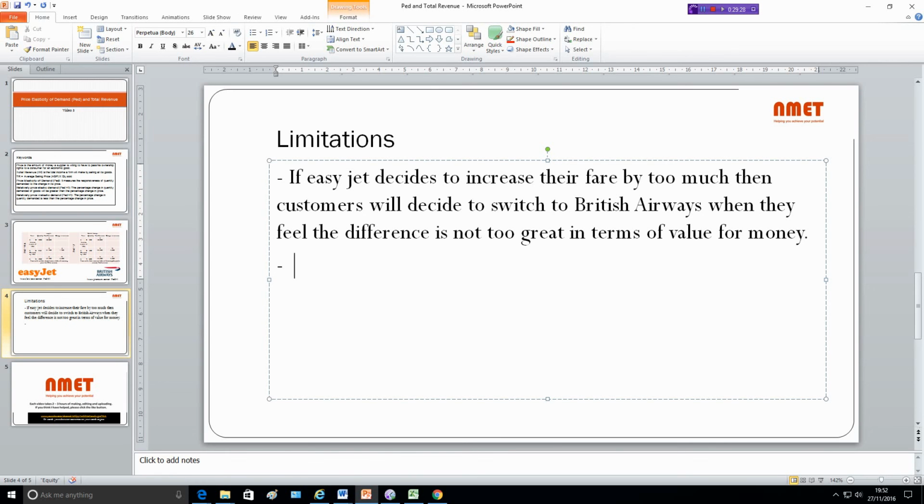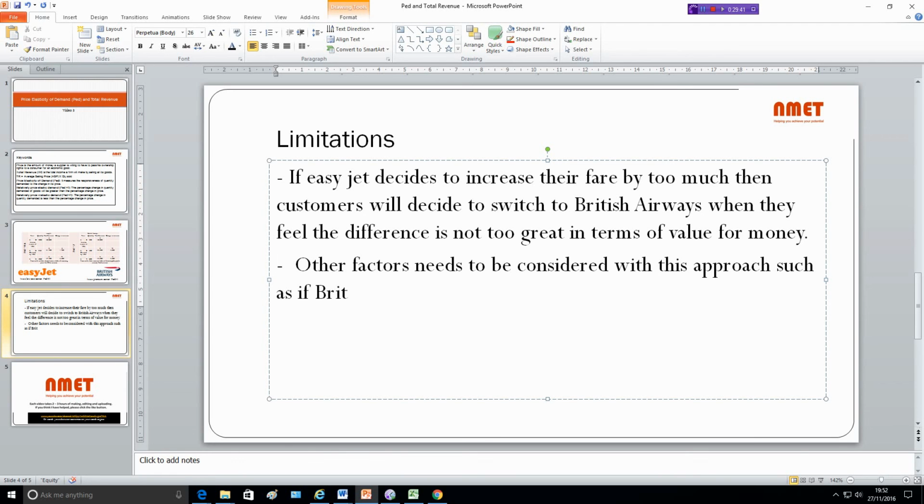So external factors, the external environment, so competitors, population growth and everything.